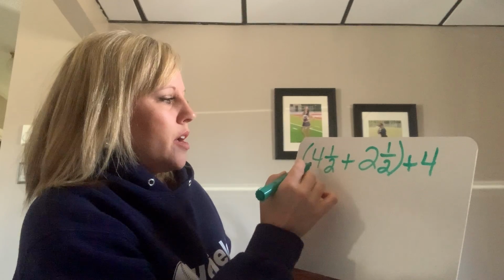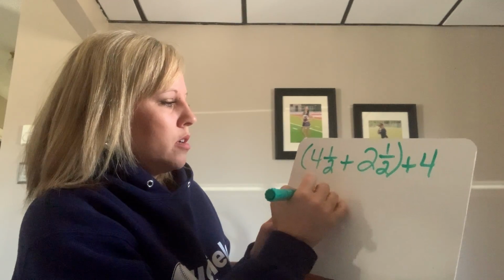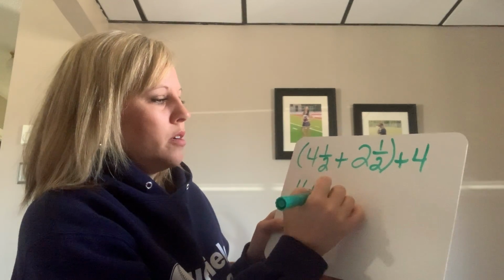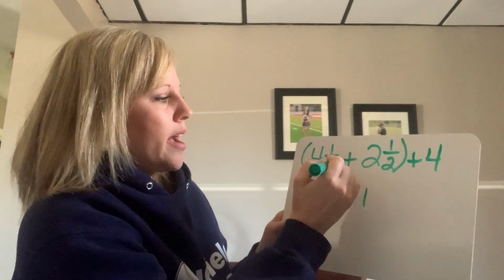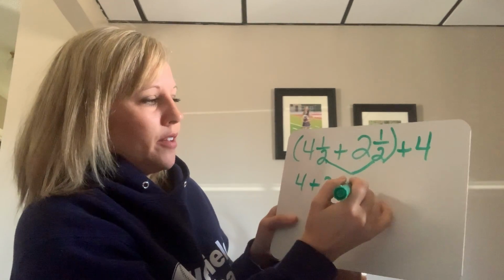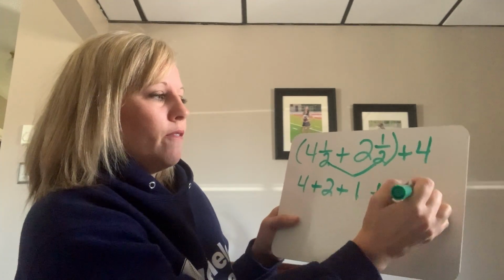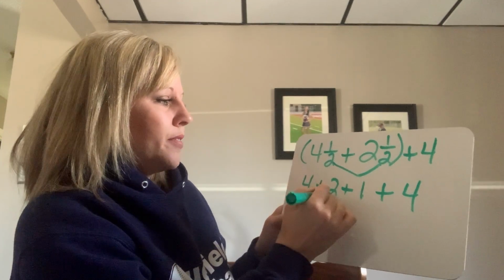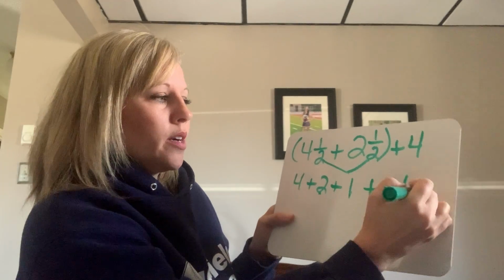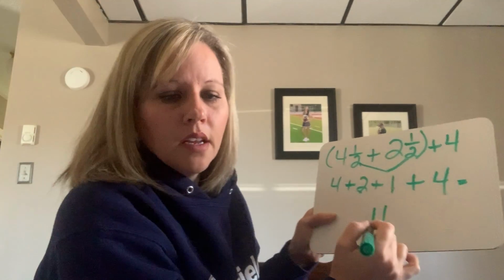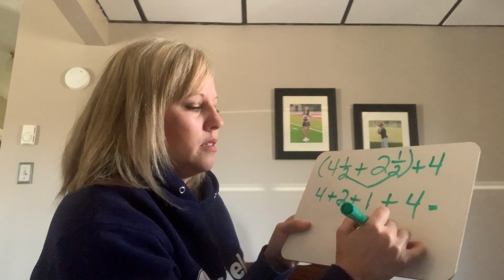So you would have 4 plus 2 plus 1. Do you see how the 1/2 and 1/2 gives me 1, a whole? And then plus 4. So 4, 5, 6, 7, and 7 plus 4 is going to equal 11 feet. 11 feet. Okay.